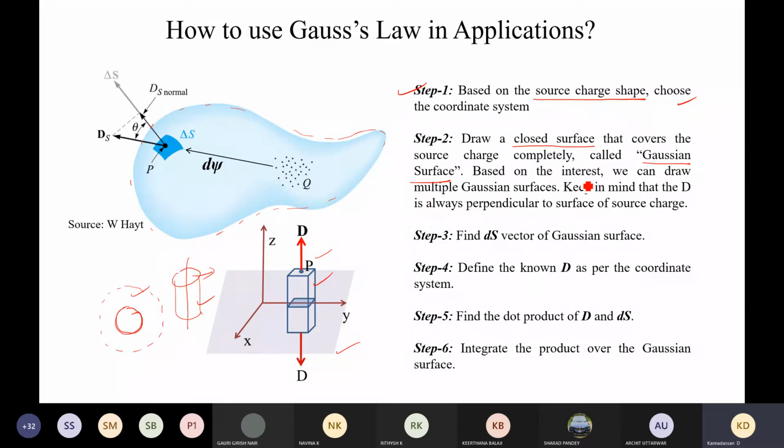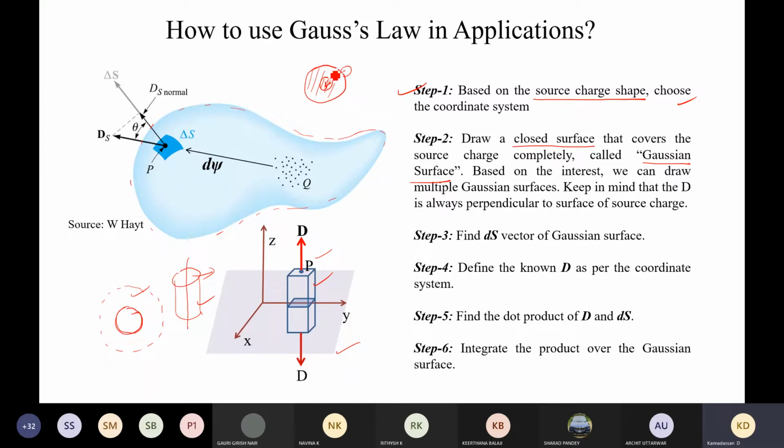So based on the interest, in terms of the shape and the coordinate system, we are going to draw the shape. And in some places, we can even draw multiple Gaussian surfaces. For instance, there are two concentric spheres. This is one sphere, another sphere is there. Let's say this one is positively charged, and this one is negatively charged.